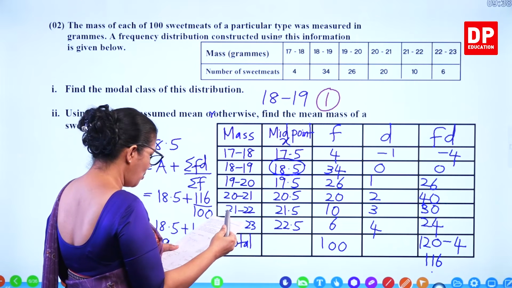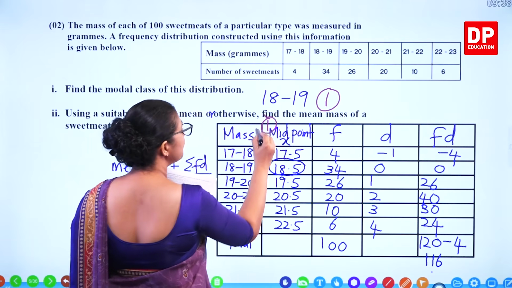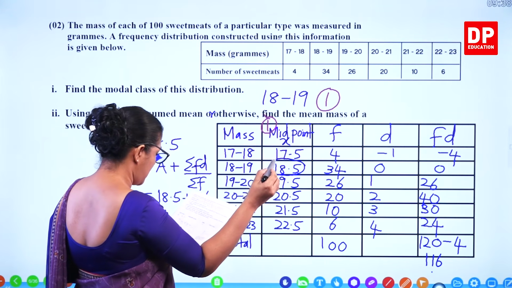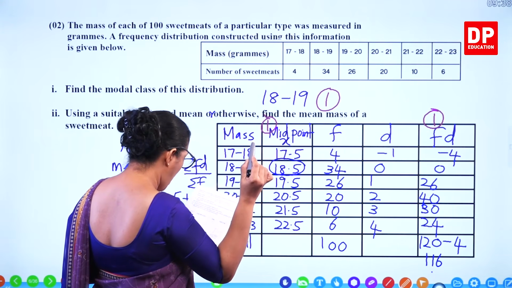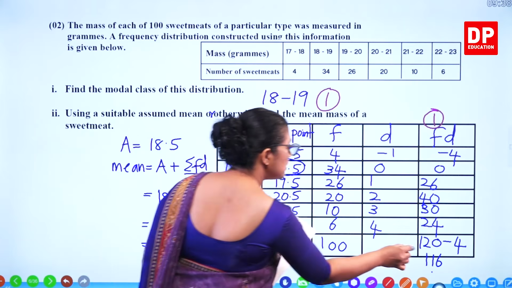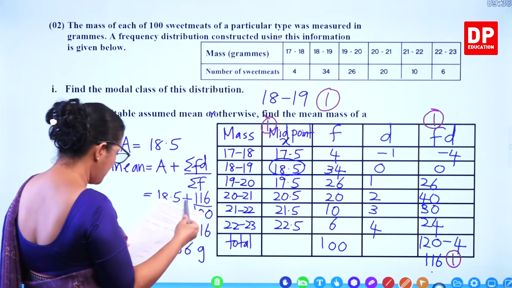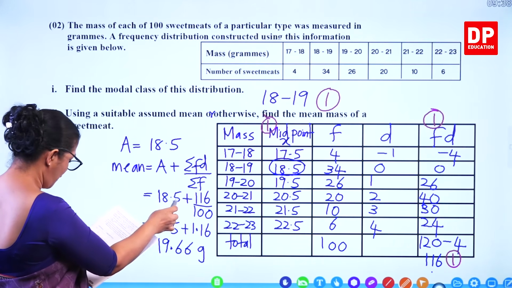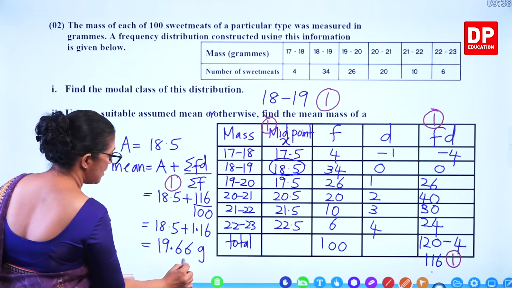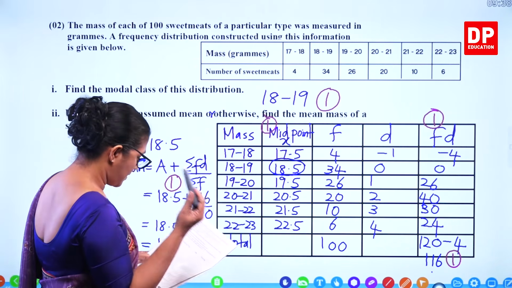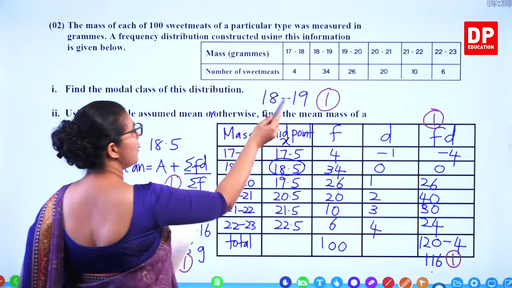And then you get 1 mark for the midpoint column, 1 mark for the fd column, and 1 mark for the total 116, and then the assumed mean 18.5, this one 1 mark, and 1 mark for the answer 19.66. So altogether 5. 1, 2, 3, 4, 5, 6 with this one.